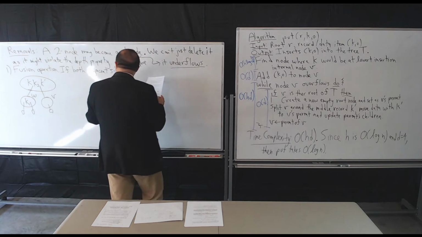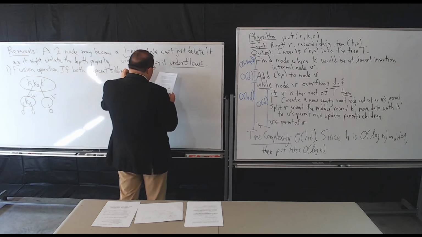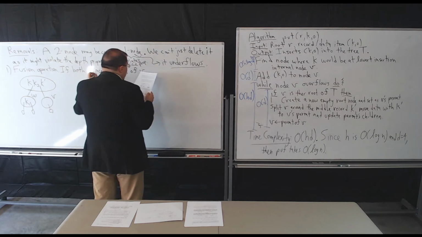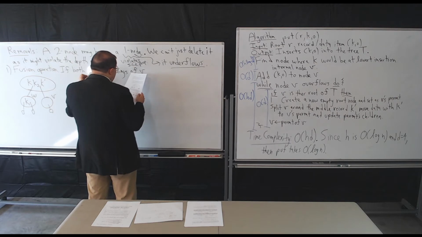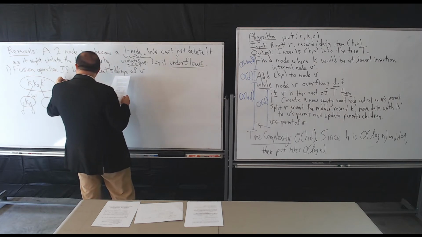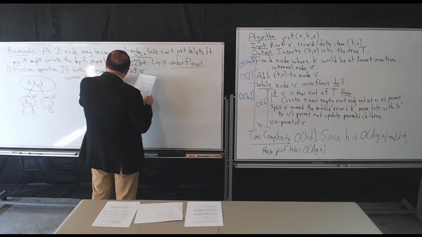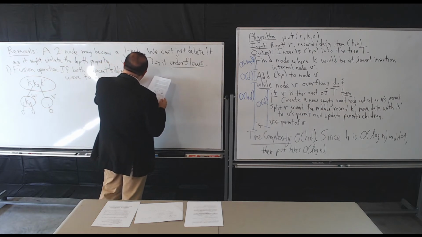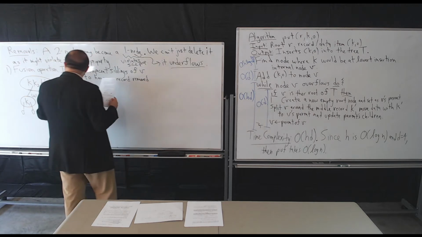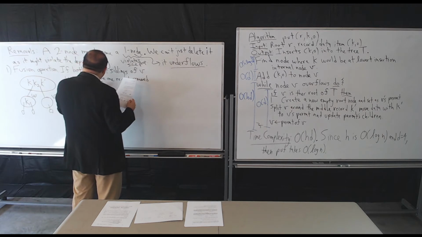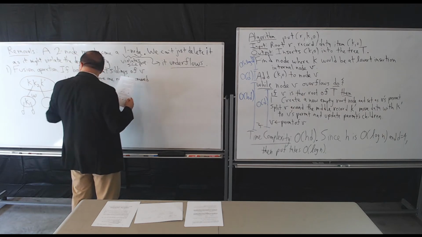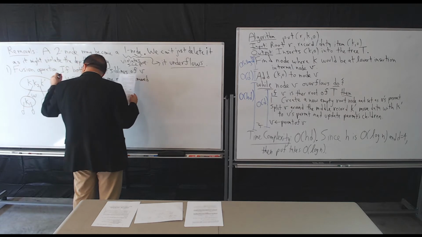So if both adjacent siblings of V were to have one record removed, they would underflow. Like in this situation, if I were to get rid of that, they would underflow.